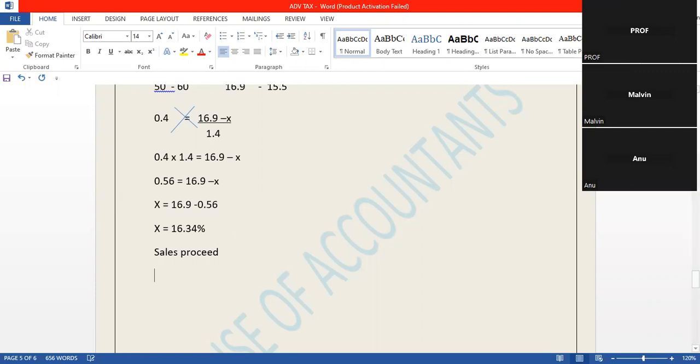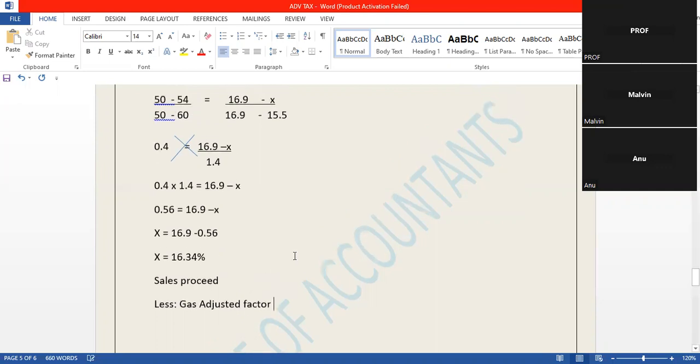Then we are going to adjust the gas, the adjusted profit or adjusted figure or factor.